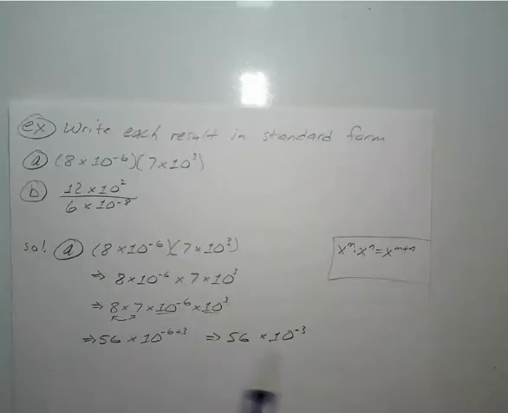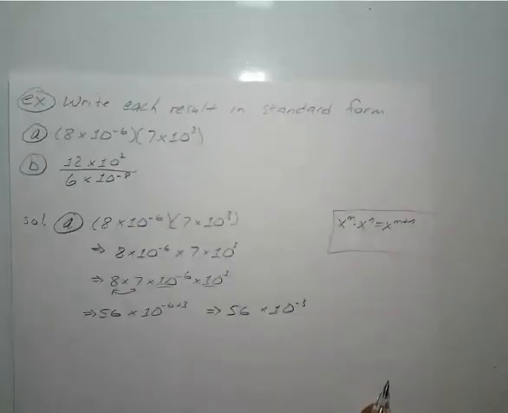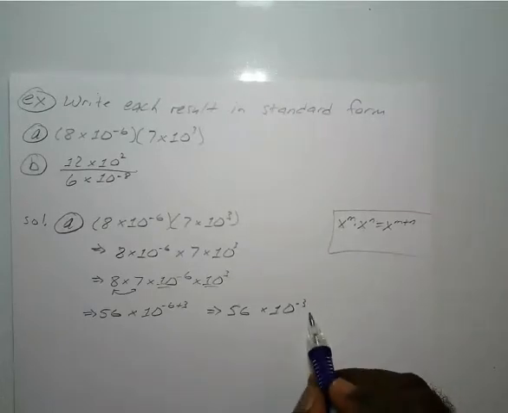Okay, now to write this in standard form, we would just move the decimal over, but I'm going to show you how to write this in scientific notation first, because this is not in scientific notation form. I'll write them in both.